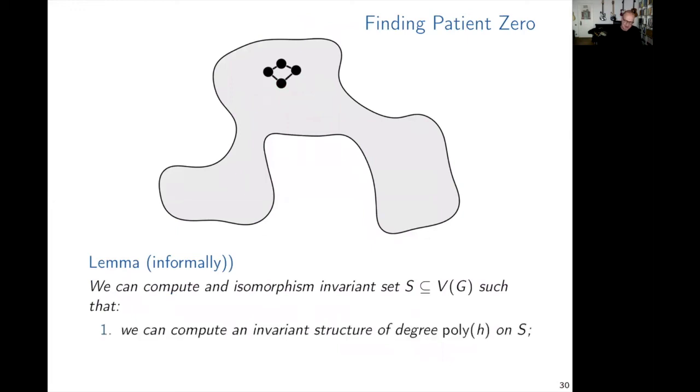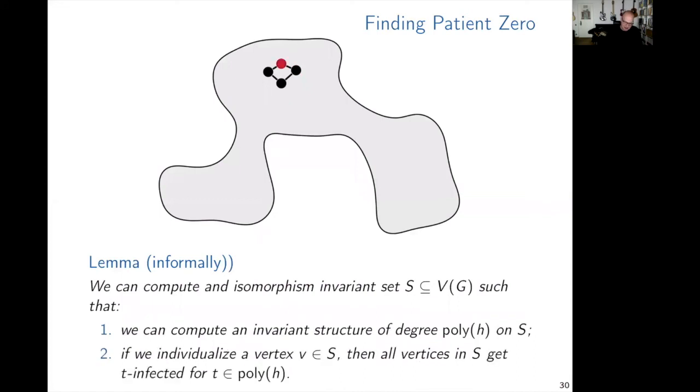On this set, we have a bounded degree structure, as you see here. Now, if we individualize a single vertex of this set, then all vertices of the set get infected, and actually probably some more. But then we know from Daniel Neuen's result that also on all the vertices that get infected, we have this bounded degree structure, and that's precisely the bounded degree structure we need for the bags of our decomposition.